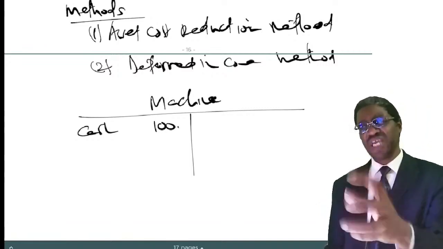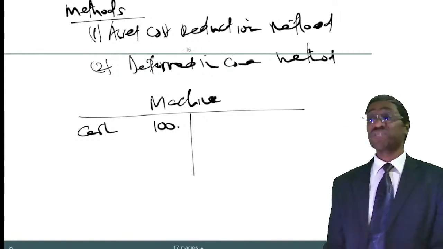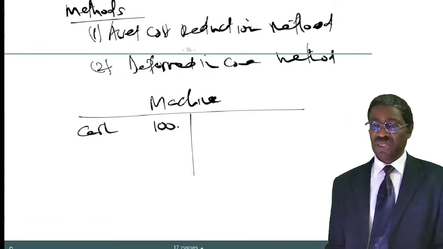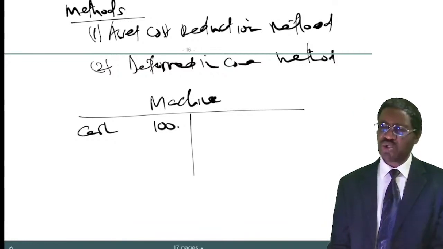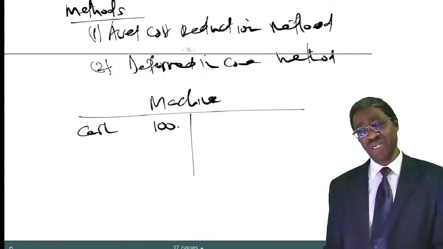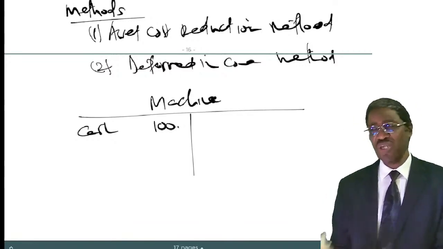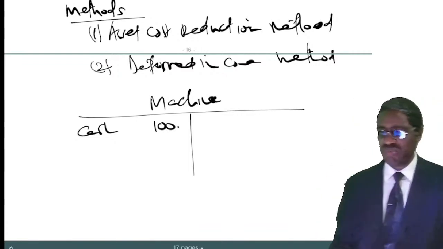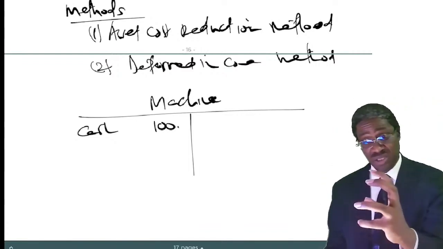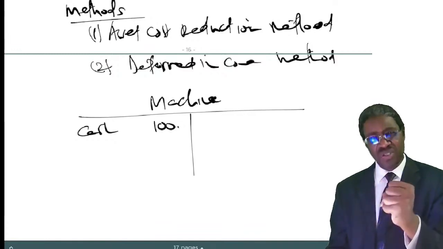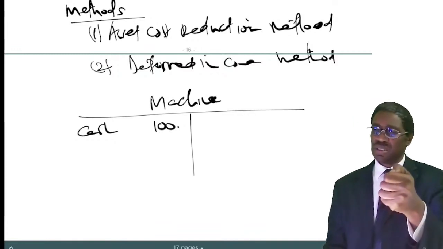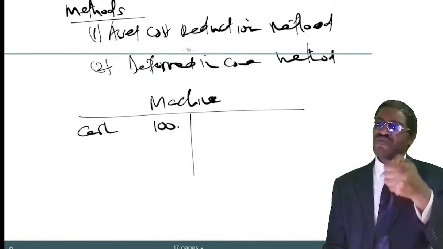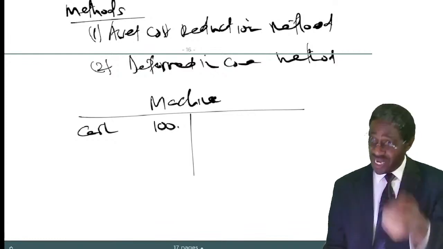Then the government gave you a grant of shillings 10 million. If you choose the first approach of accounting for that 10 million, the asset cost reduction method, it means you deduct that 10 million from the cost of the asset.